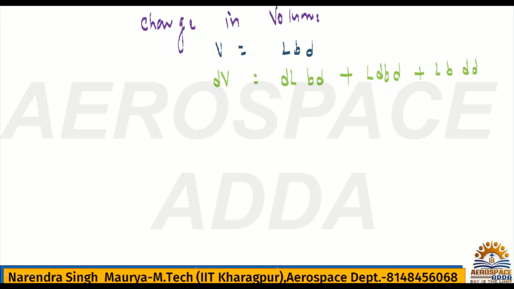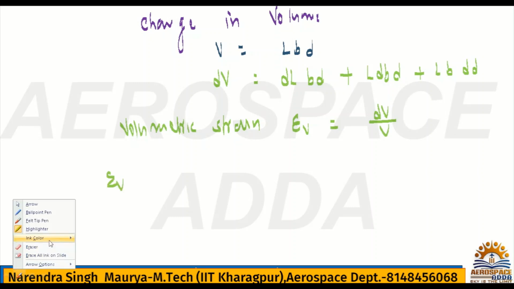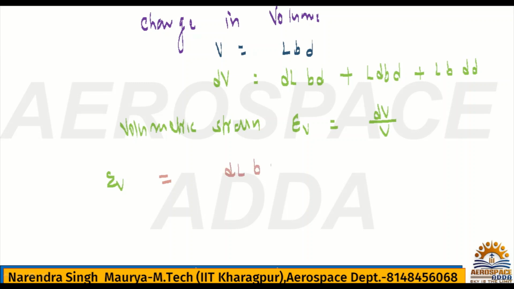Now what is the volumetric strain? It is denoted by epsilon v. It is change in volume divided by original volume. So what is epsilon v? Now see the change in volume. Just now you have written it is nothing but delta L into BD plus L dB into D plus LB into dD, divided by original volume, which is V. We have to divide all three terms by original volume.